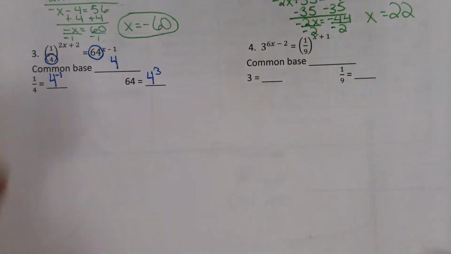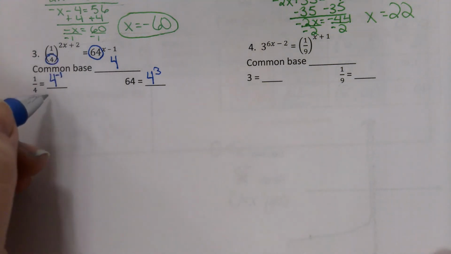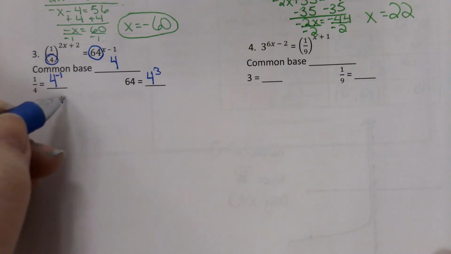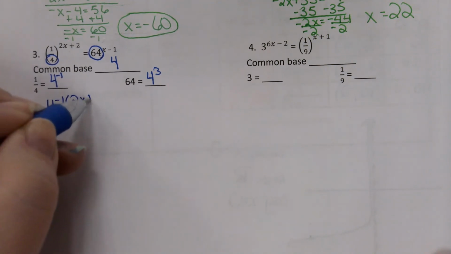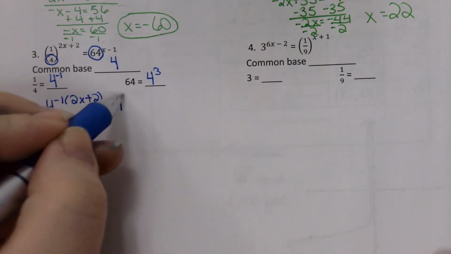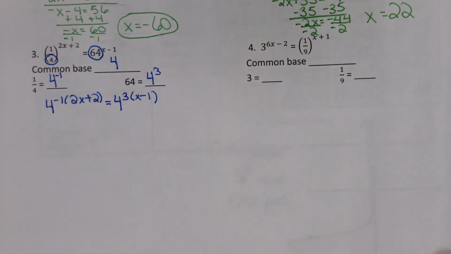So I know that they're equivalent. Let's go ahead and replace both of these common bases in for their equivalent number. 1/4 will become 4 to the negative 1, leaving whatever exponent was there in parentheses. 64 will become 4 to the third, leaving this x minus 1 in parentheses.